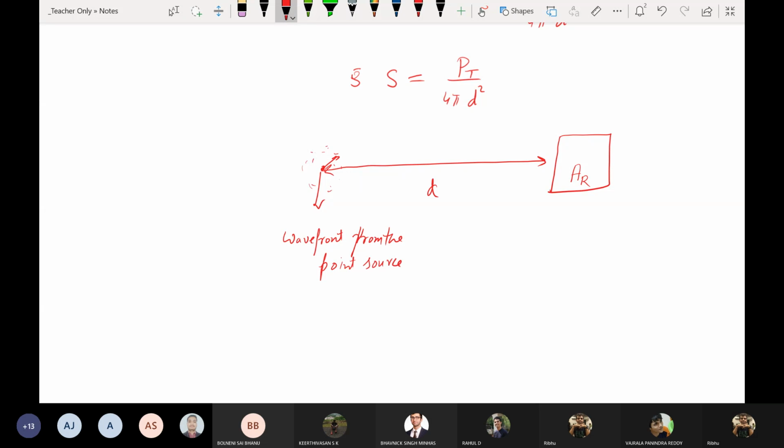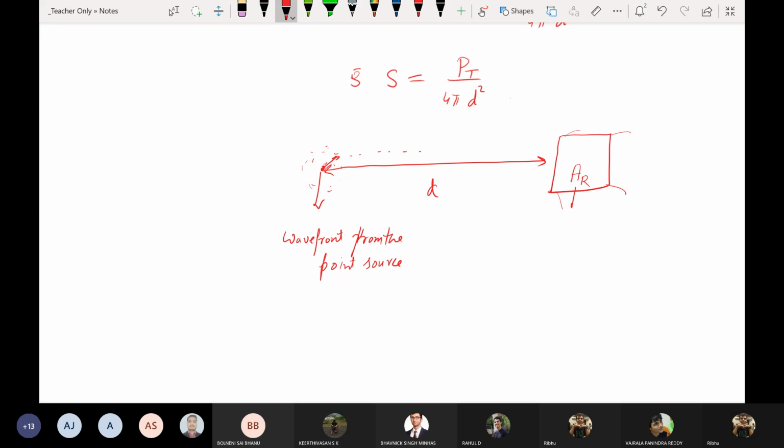This wavefront will propagate and will be intercepting this electric field. Agreed? So what is the AR? It's a region, that's it.